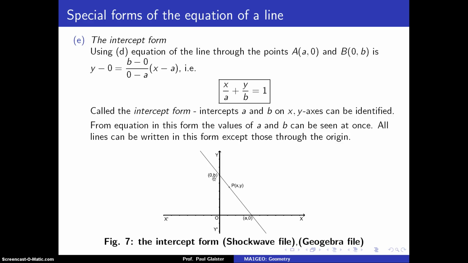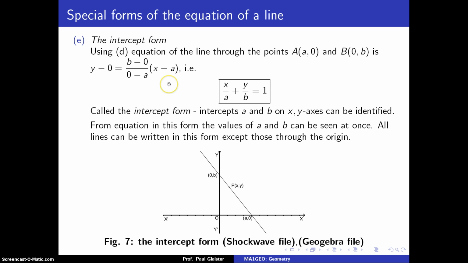That means the form on the previous slide can be replaced by x1, which is going to be a, and y1, which is going to be 0, and x2 is going to be 0, and y2 is going to be b.